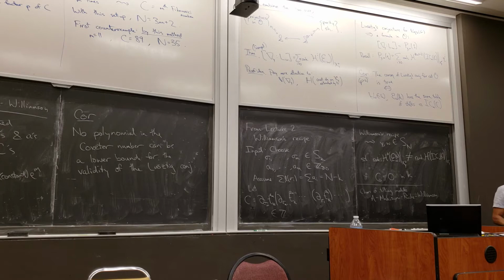So once you go into that category O, it just turns into a statement. Exactly, and that was Soergel's original purpose. Somehow category O is set up in order to simplify the statement of Lusztig's conjecture so that it involves only the Kazhdan-Lusztig polynomials for the finite Weyl group. So it was set up to make that happen.